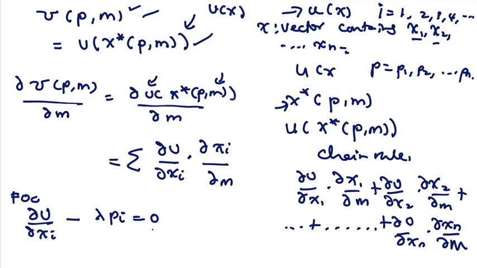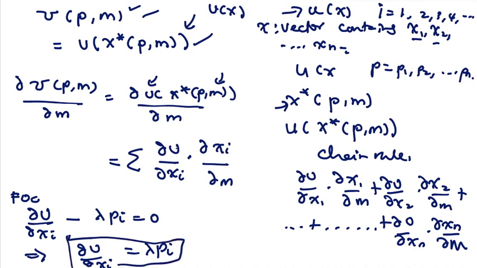Remember that? Okay. So we use generic form rather than writing x1, x2, x3. Then this one can be written as delta u over delta xi equals to lambda pi. Now, if you can see this clearly, this one is actually this, isn't it?